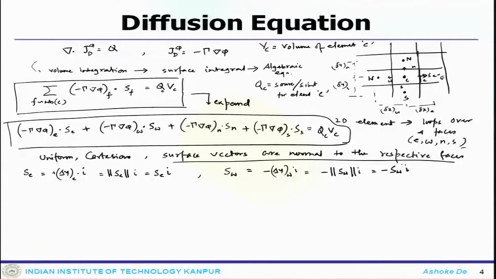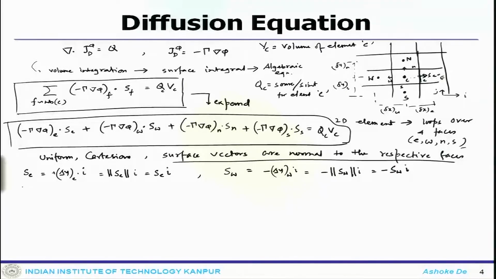Why does this minus sign come here? If you assume this is the local coordinate system, this goes in the positive i and this goes in the positive j, so this is my positive direction and this becomes the negative direction.